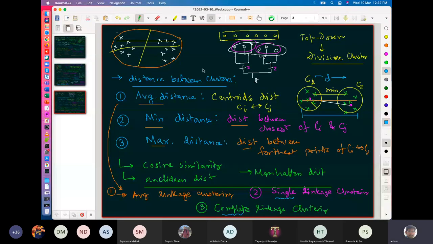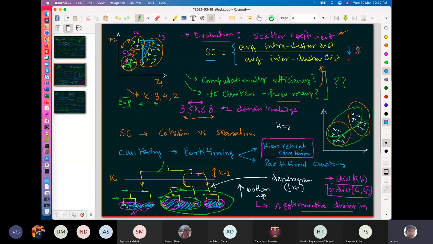But as you pointed out, the main drawback of this hierarchical clustering, top down or bottom up, is the computational complexity. Here I need to compute every pair of points and figure out a cluster, and then figure out the next level of cluster. If you move up in this dendrogram, initially every pair of points which is closest gets clustered, then again every pair of such things which is closest.